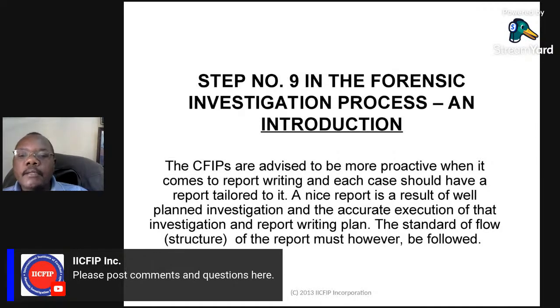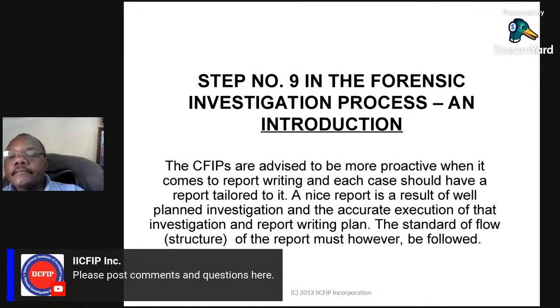There are 9 steps that must be followed in order to complete step 9 of the forensic investigation process. You can call them stages or steps. Either can do.